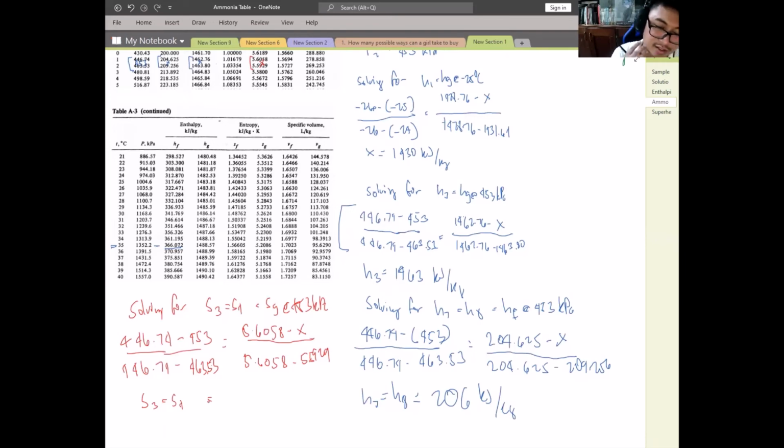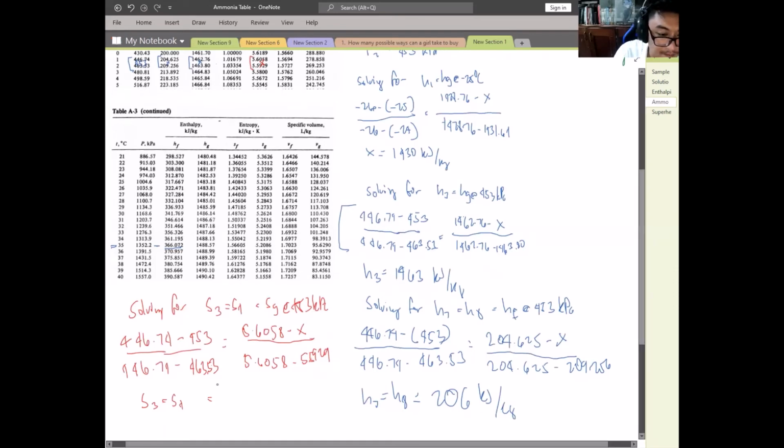That is 5.7. Oops, mali pala yung na-type ko. Okay. 5.6. Okay, 5.6 kilojoule per kilogram Kelvin. So, yung lumabas sa calculator natin. No? Okay.